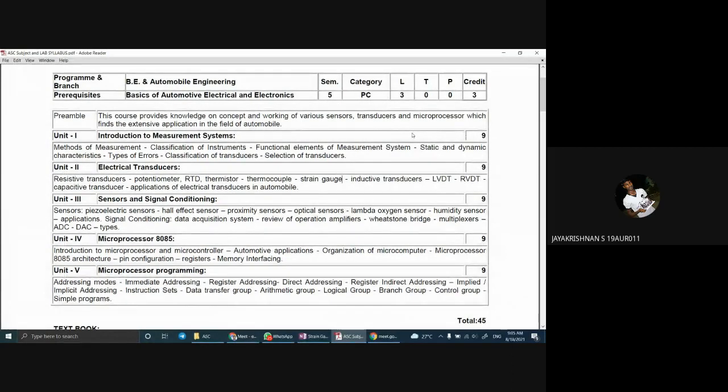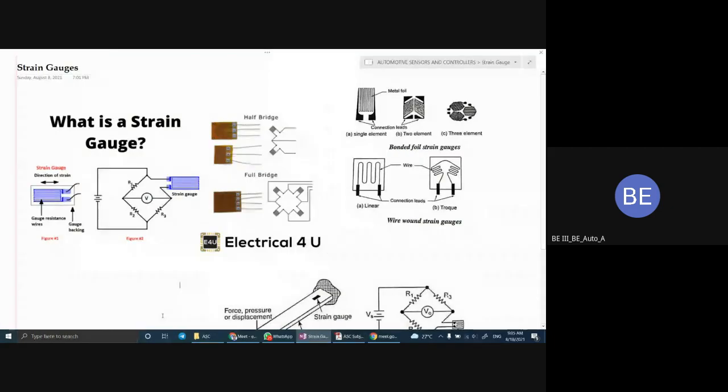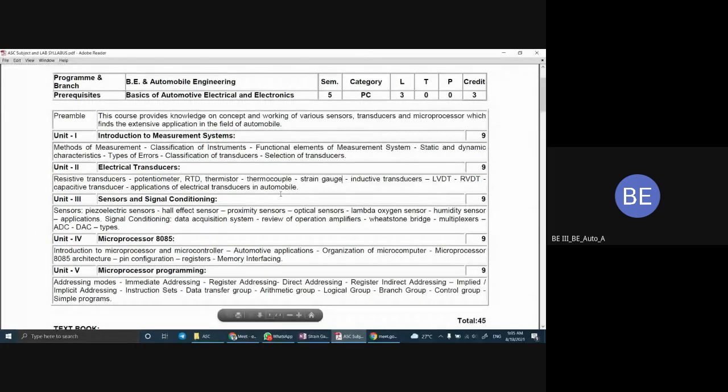Okay, so now we can start and see an important topic called the strain gauge. In the earlier classes we have seen the potentiometer, RTD, thermistor, and thermocouple, and this we have completed, right? Now RVDT and LVDT. What do you mean by RVDT and LVDT?